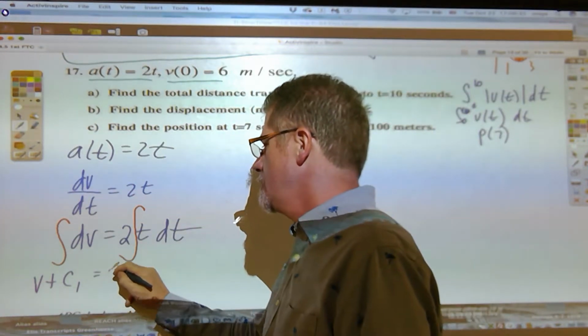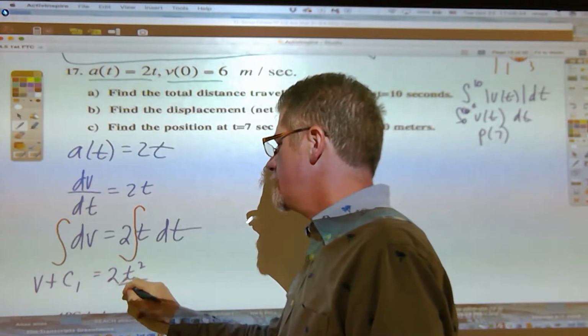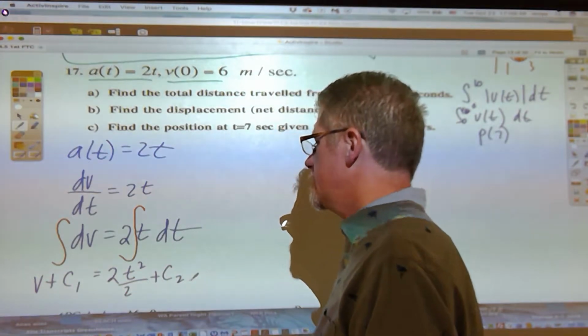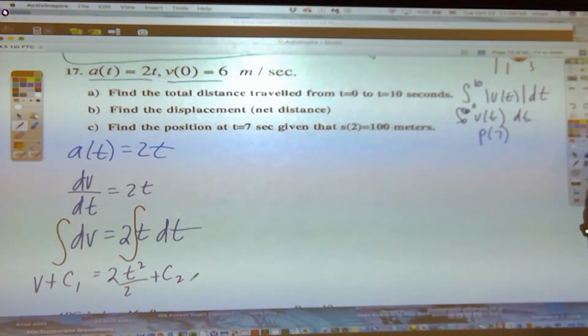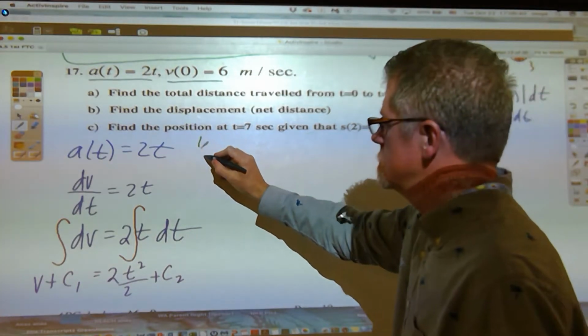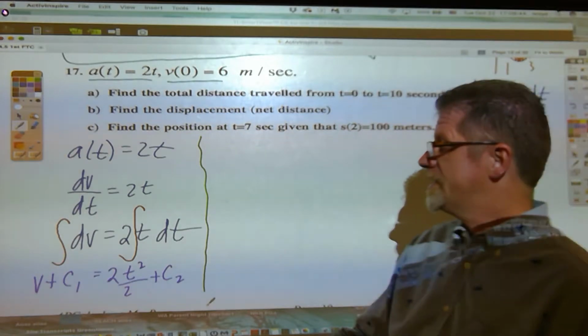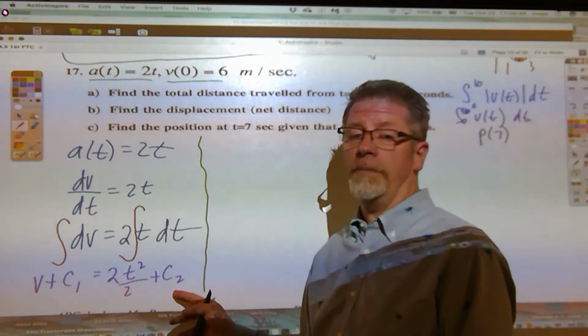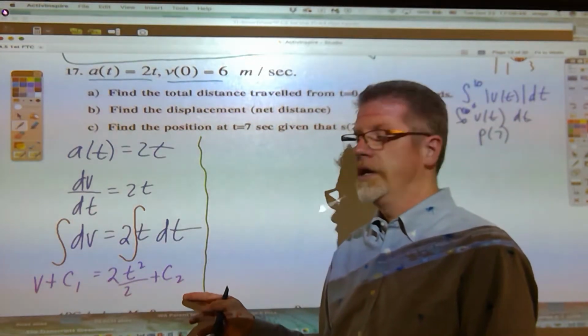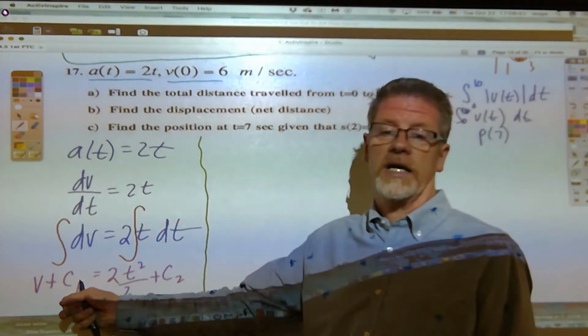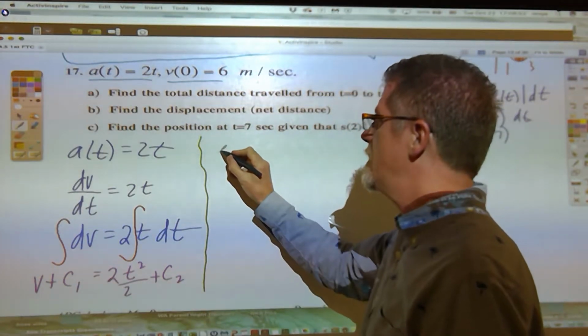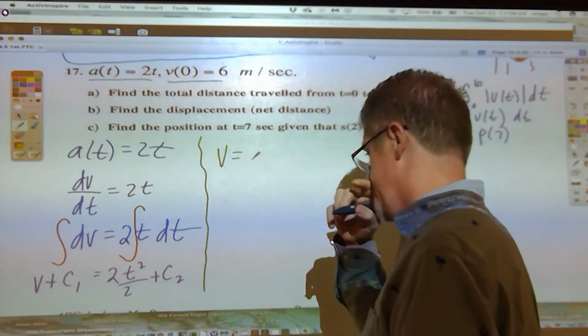equals 2t squared over 2 plus our second constant of integration, c2. Now, c1 gets SpongeBobbed into c2 because a constant minus a constant is a constant. So let's record the SpongeBobbing that has occurred.